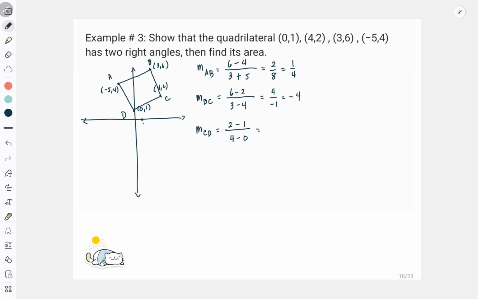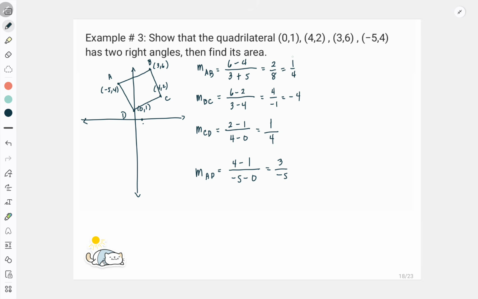So that's equal to 1 over 4. And then the slope of AD, that's 4 minus 1 all over negative 5 minus 0. So that's equal to 3 over negative 5.